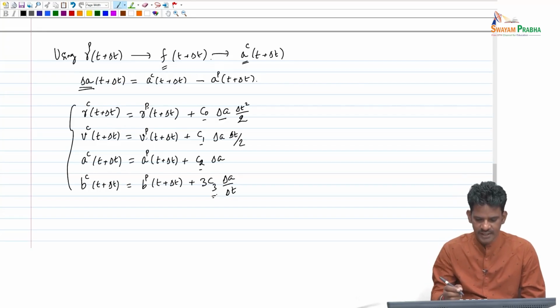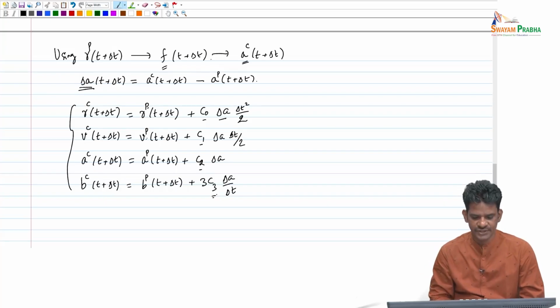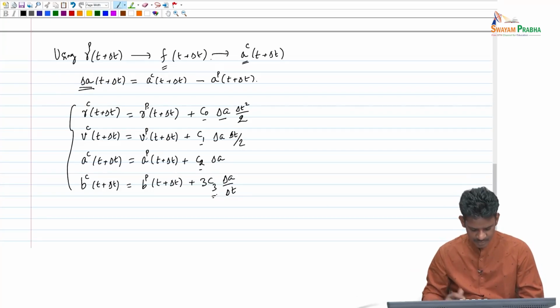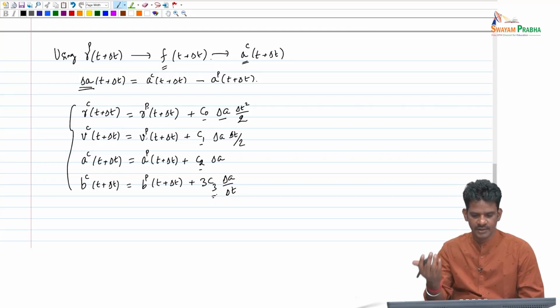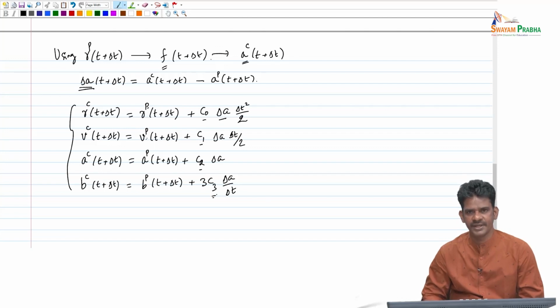This is where we get different sets of coefficients C0, C1, C2, C3 depending upon the order of the equation of motion and the order of the predictor-corrector method.